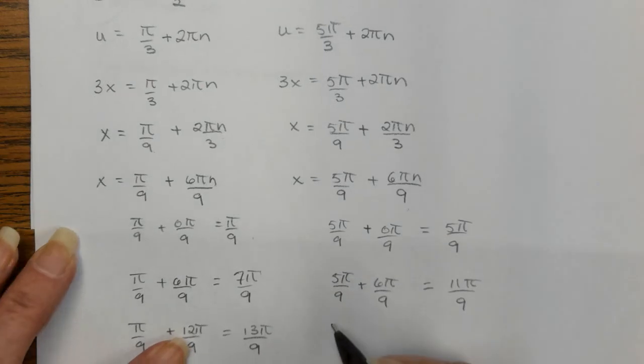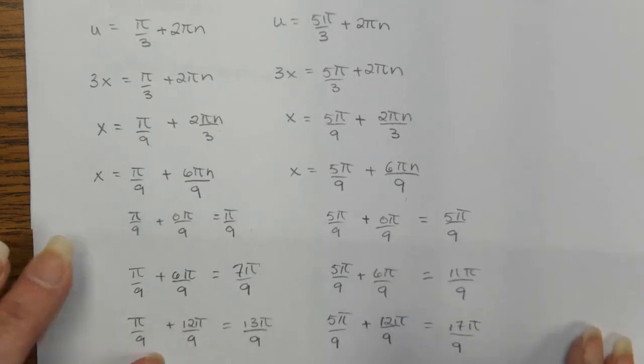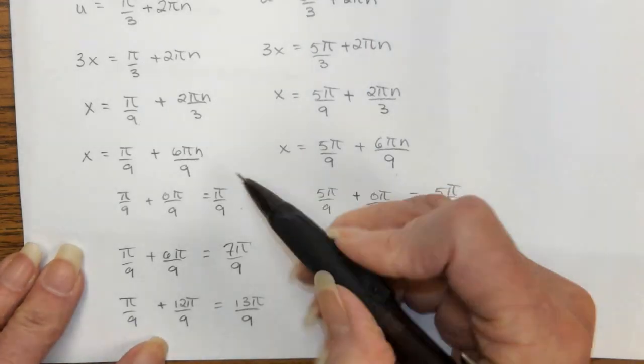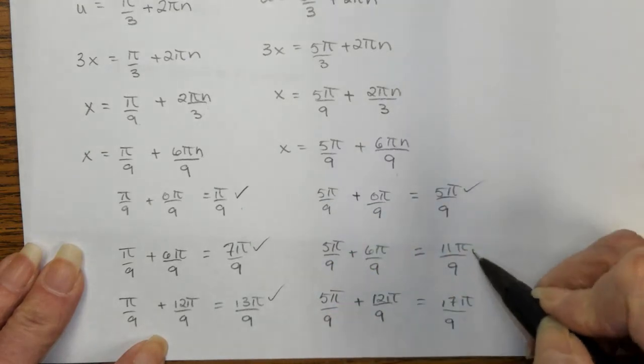And then my last substitution, I'm going to substitute in a 2 right here and get 5 pi over 9 plus 12 pi over 9 gives me 17 pi over 9. And I can see I'm right up on the edge of 2 pi right there. So I cannot go any further. These are my 6 solutions here, here, here, here, here, and here.